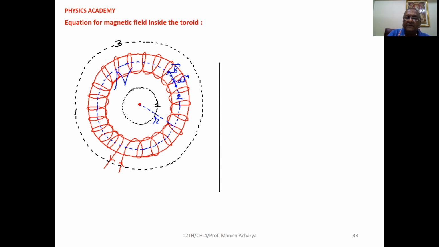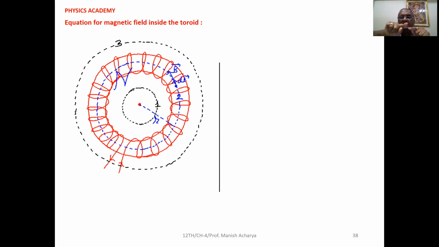So if current I enters here, then through each turn current I is flowing. But if we think about the surface enclosed by this Amperian loop 3, then current I enters the surface, current I leaves the surface.